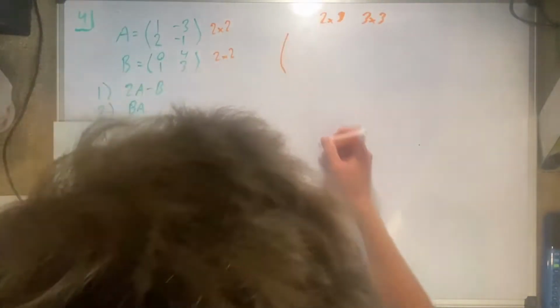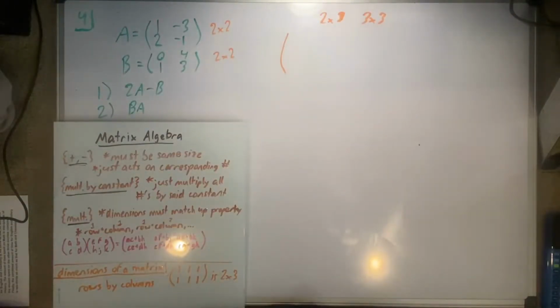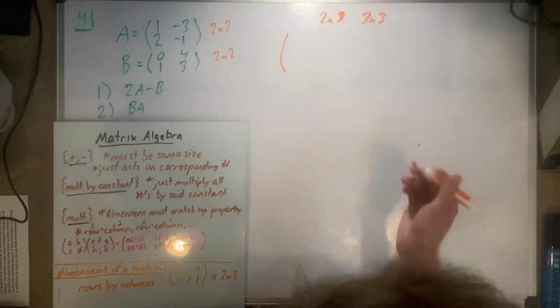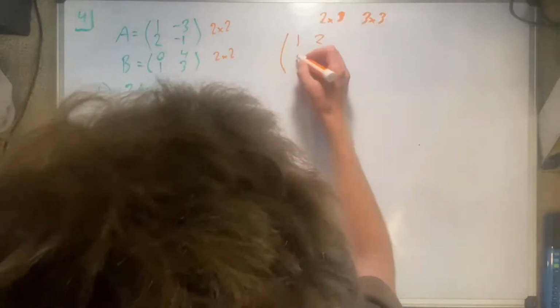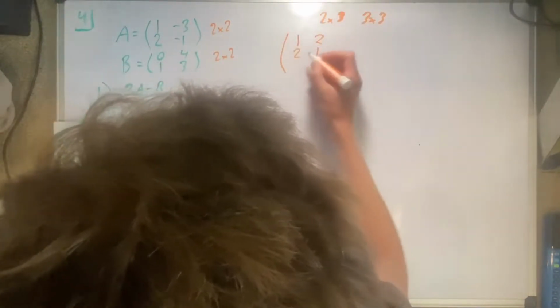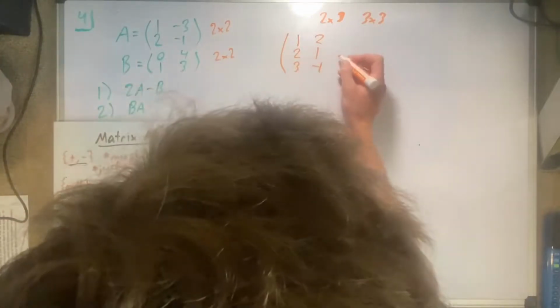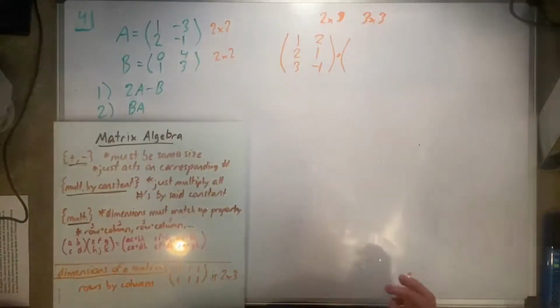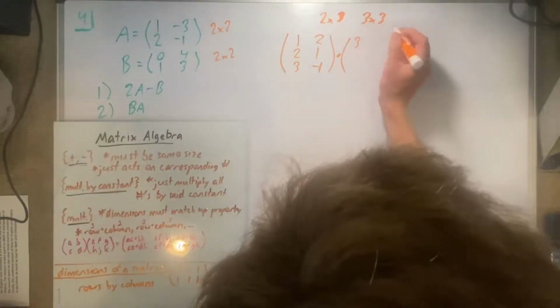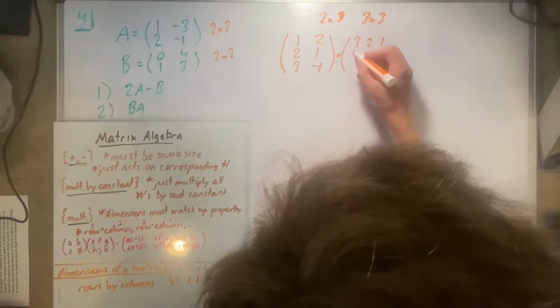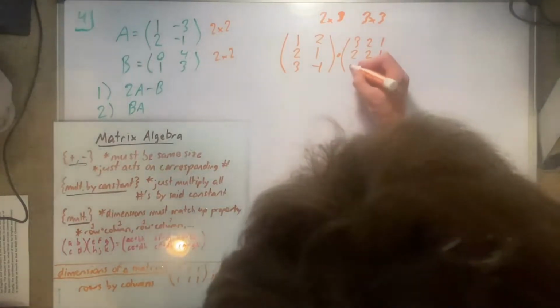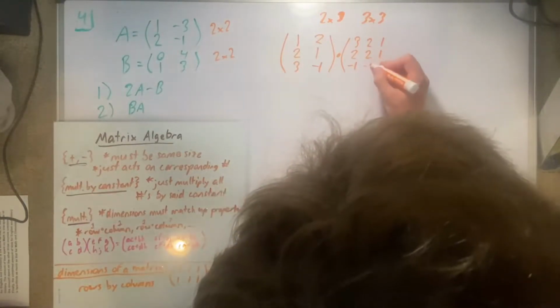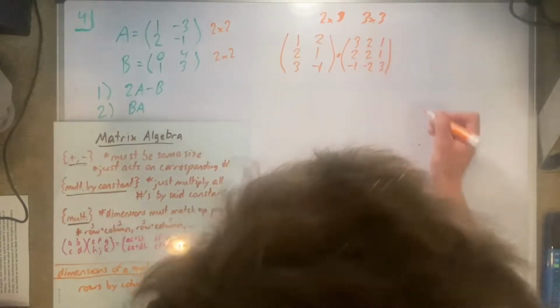Just for a little example, we're going to have 1 and 2 and 2 and 1 and 3 and -1. So that would be a 2 by 3 times a 3 by 3, with 2, 2, 1 and I'm doing pretty small numbers here: -1, -2, 3.